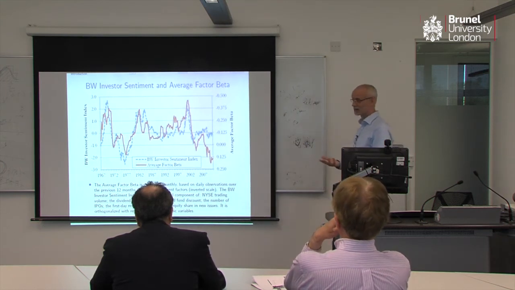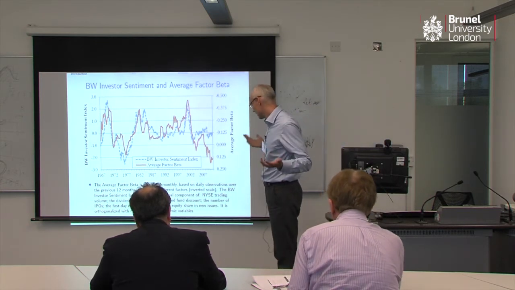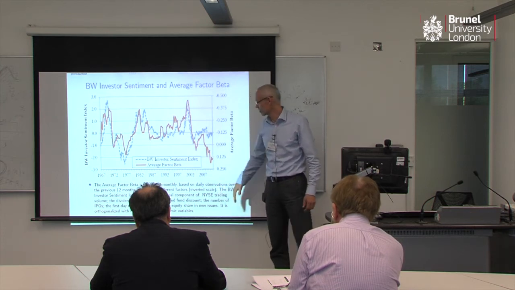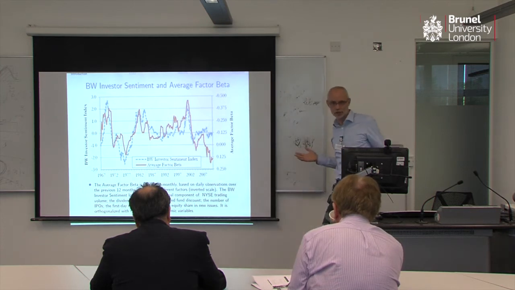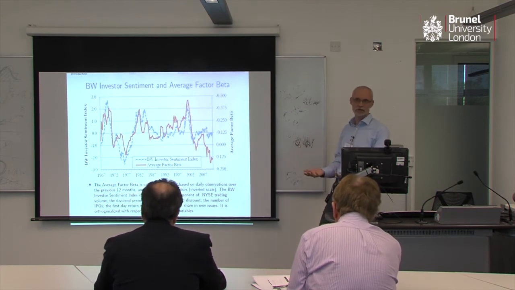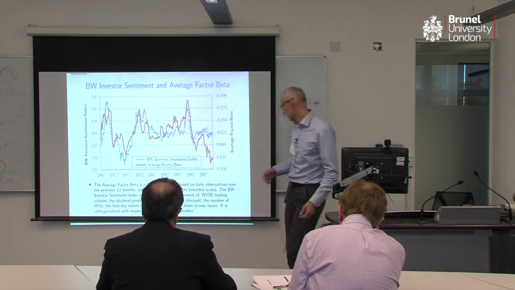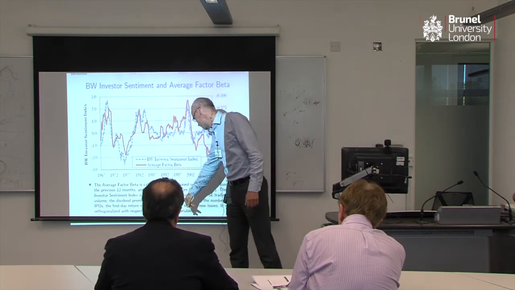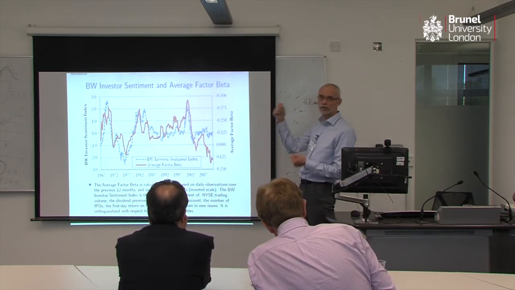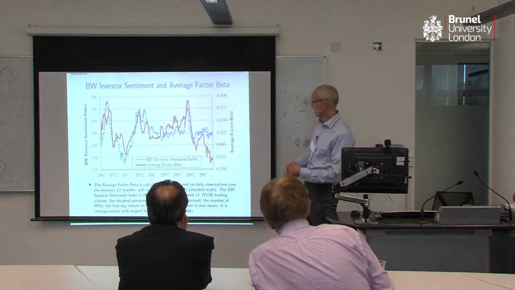So the Baker-Wurgler Sentiment Index is a composite of different measures that Baker and Wurgler argue are related to investor sentiment. If the index is high, investor sentiment is high. And this is things like the closed-end fund discount, the dividend premium, the number of IPOs. If there are lots of IPOs, this is a high sentiment, for instance.